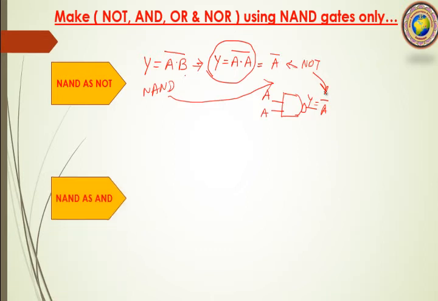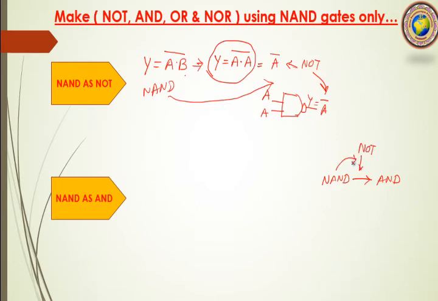Now the second one is NAND as an AND gate. Suppose we have to convert a NAND gate into AND, we just apply a NOT gate.